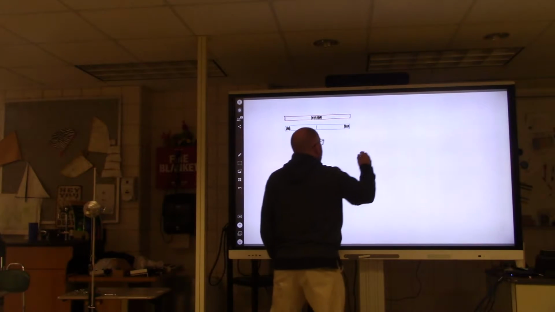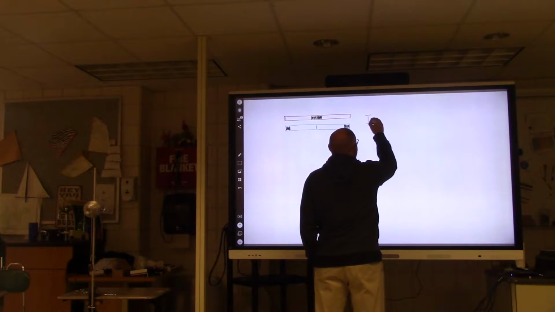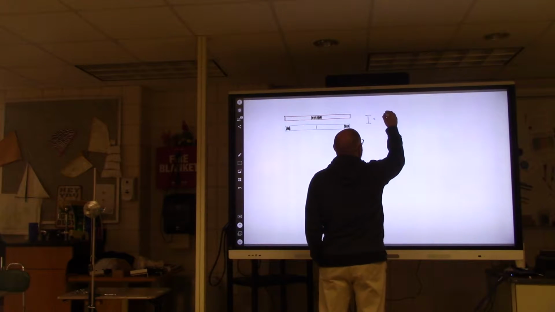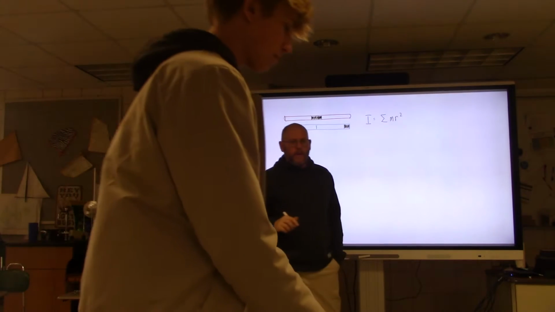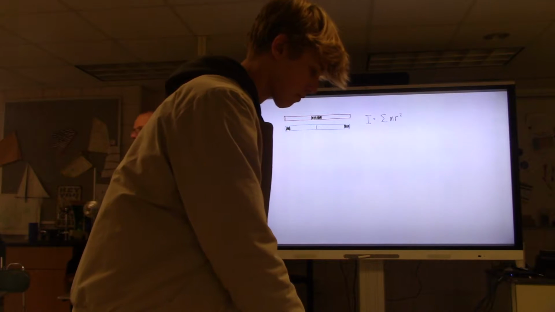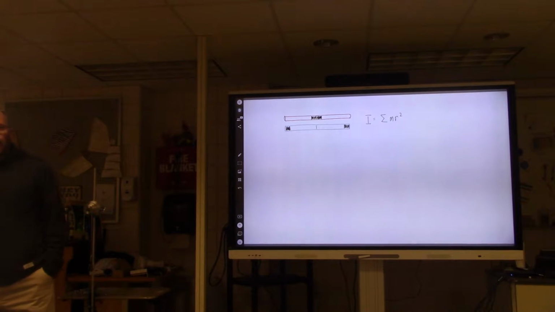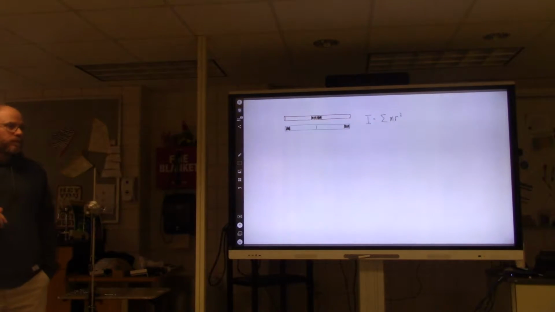So our framework for this, the rotational inertia, depends on two things. The rotational inertia is the sum, that is a Greek letter sigma. Can you see the sigma? Yes.